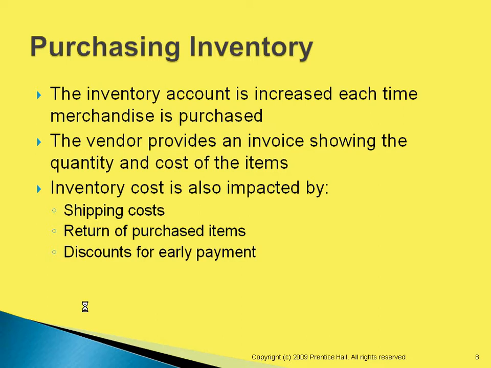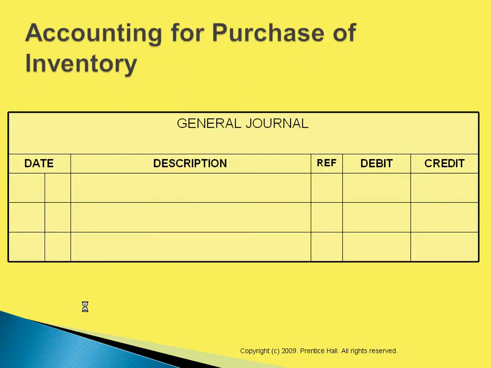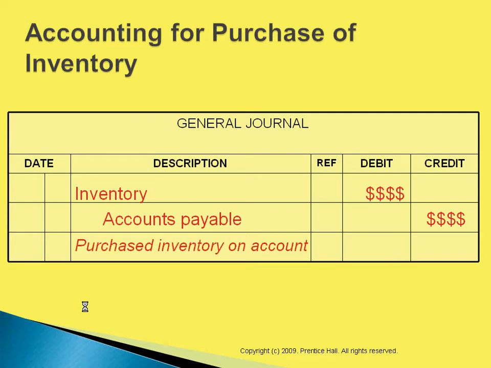So looking at S5.1, we're recording $10,000 of inventory and we're buying it on account. So we're going to credit our accounts payable for $10,000, and it's for the purchase of inventory. Why would we purchase inventory and put it on account?